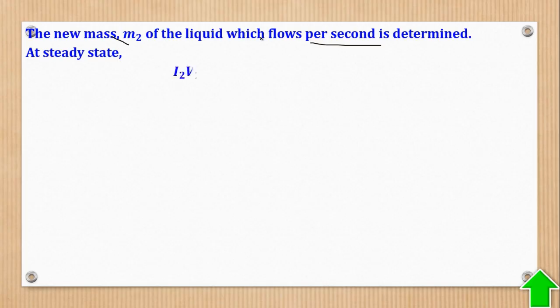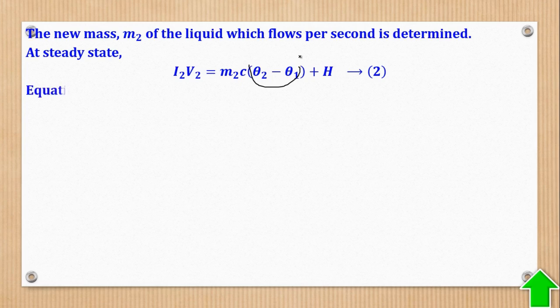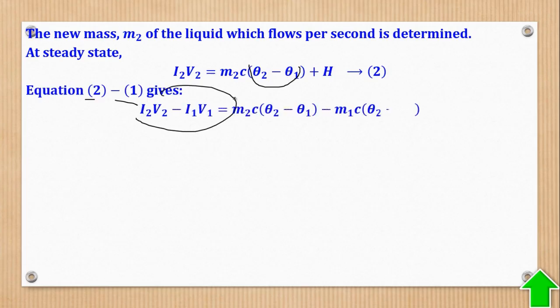At steady state, we shall get I2V2 is equal to M2C, change in temperature, plus capital H. You realize that the change in temperature is the same as before. Therefore, equation 1 minus equation 2 will give you this left hand side and this for the right hand side.